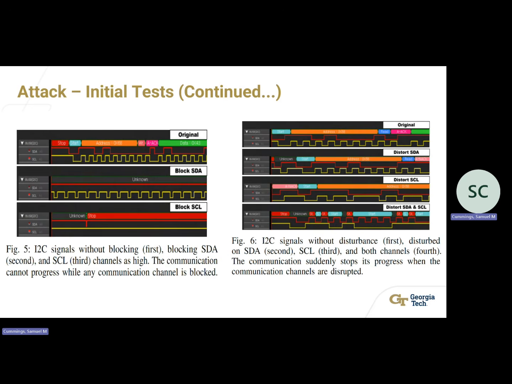On the right is where the researchers disturbed the communication or the I2C signals by injecting a second external I2C signal directly into this existing one, which caused more disturbance. And so they found from this that there are ways to distort this data.